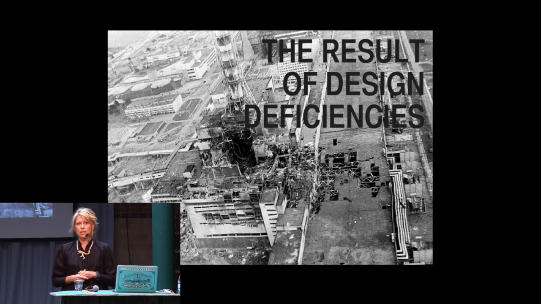And there was nothing in this system that signaled or showed in any way to these operators that now the power is actually increasing. And this is one part of why the accident happened. So it was the interaction between the computerized system in this nuclear power plant and the operators that failed. So the Chernobyl accident is actually the result of design deficiencies. And I want us to remember that now.